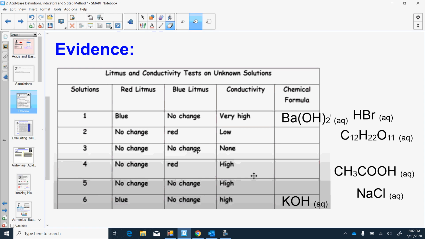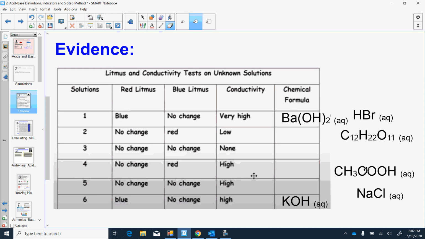So let's continue on. One of our acids has low conductivity and one of our acids has high conductivity. So when you move over here, we could do a few things. We know about Ka, so we could look up these acids and see which one is the stronger acid. The stronger acids, remember, have 100% ionization, so they break up and create lots of charged particles, so they conduct really well.